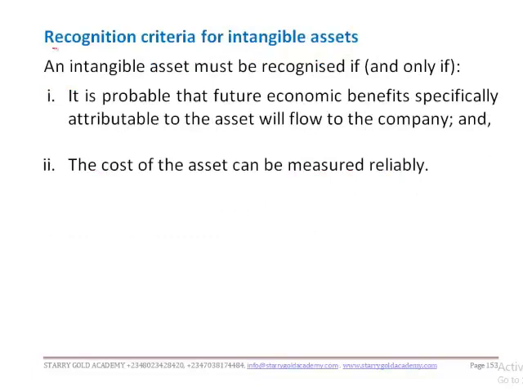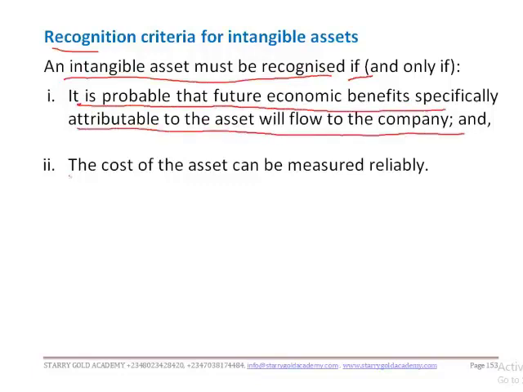Now how do we recognize an intangible asset? An intangible asset must be recognized if and only if it is probable that future economic benefits specifically attributable to the asset will flow to the company and the cost of the asset can be measured reliably. It's just as we recognize other assets, such as investment property and property, plant and equipment.